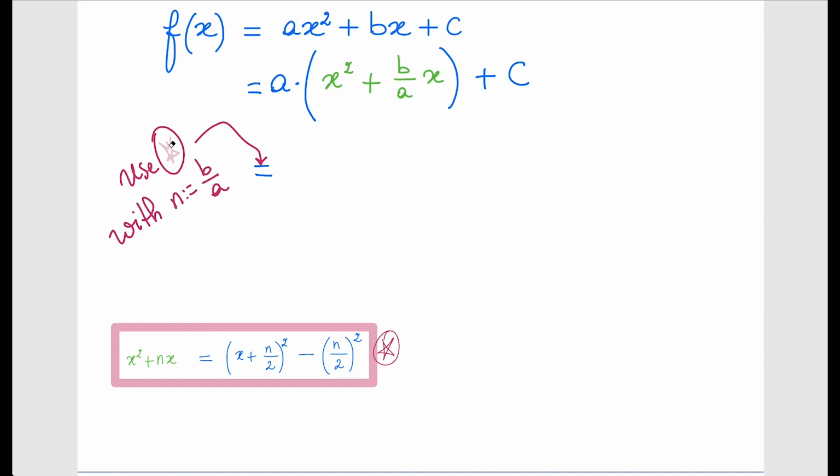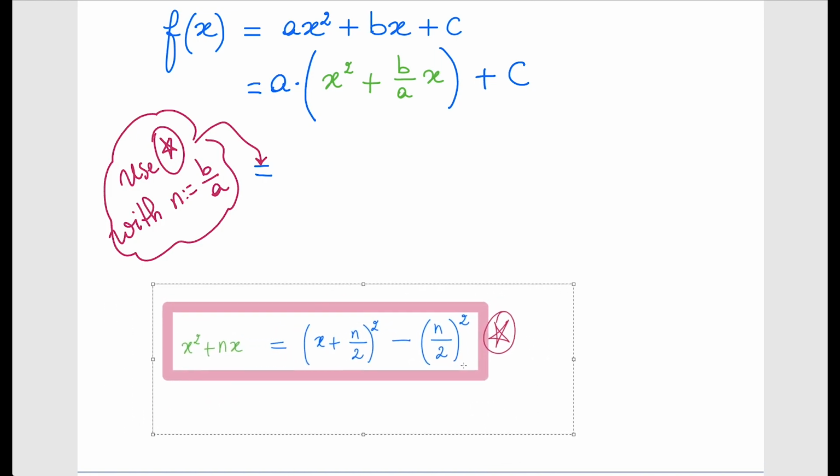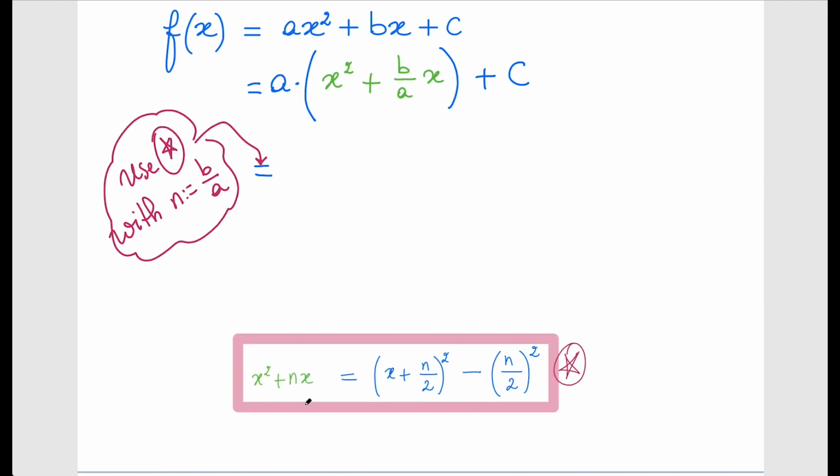This doesn't look like star to me, so let's do it again. We're going to use star with n to be b over a. Let's do that. Let me make this bigger. Maybe you cannot see it on the screen, the video. Let's do that. So what do we have?